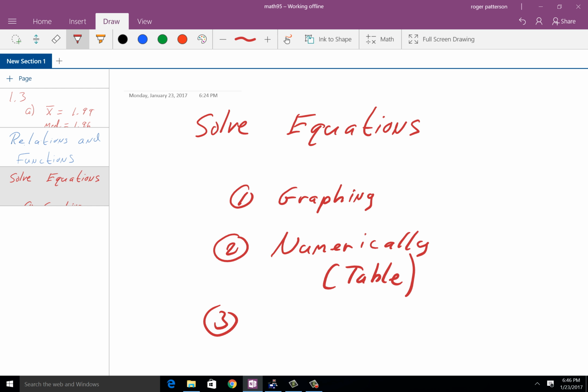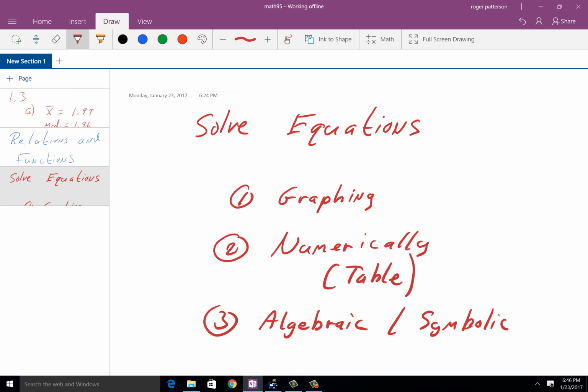And 3, I think they call it algebraic, but both these actually are algebraic methods. Okay? Symbolic. They call it symbolic? Yeah, that's what I was reading in the book, I think. Okay. Sounds good.